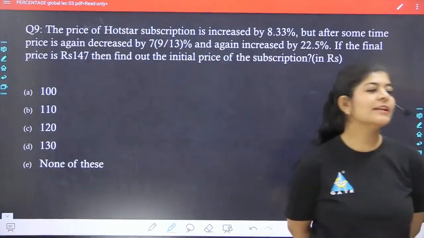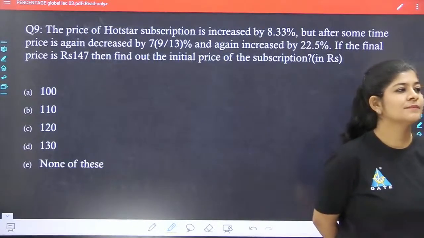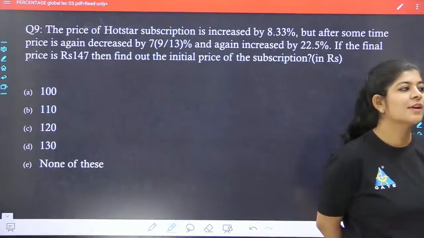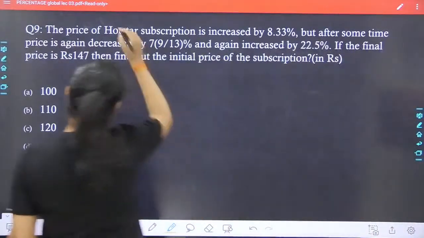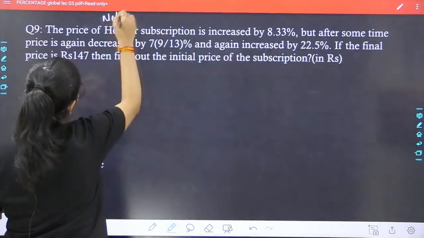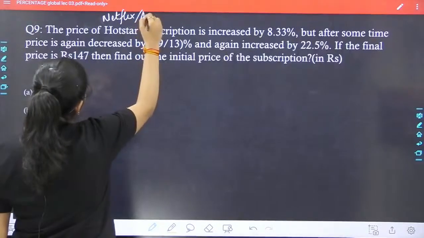How do we calculate the initial price? You can also consider Netflix or Amazon Prime in the place of Hotstar.